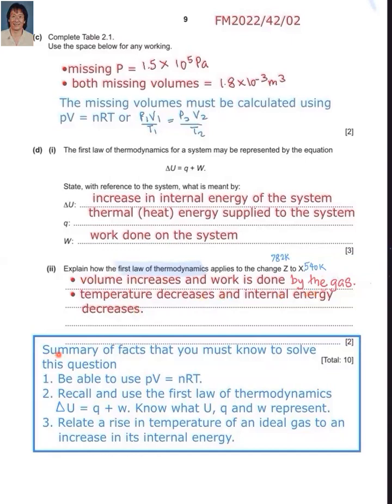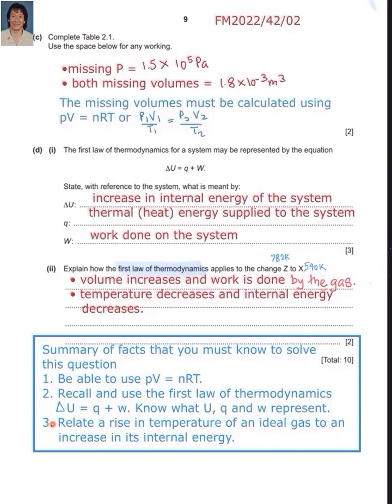And this is a summary of the facts that you must know to solve this question. You must be able to use PV equals nRT to calculate your n. Then you must be able to recall and use the first law of thermodynamics, which is delta U equals Q plus W. You must know what your U, your Q, and your W represent, and when your U, your Q, and your W are positive or negative.